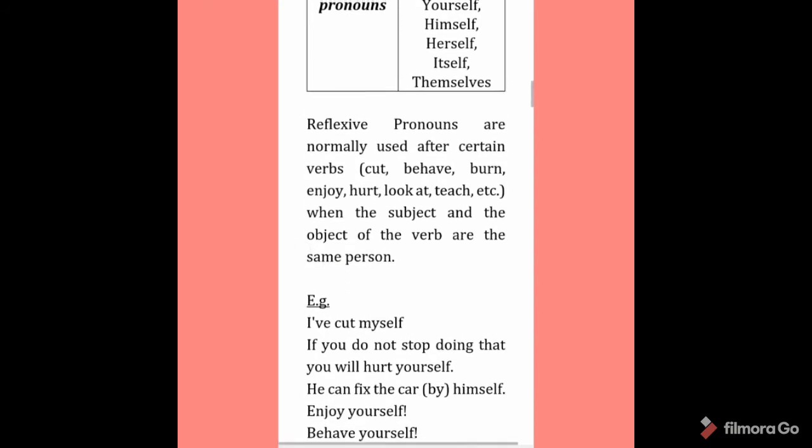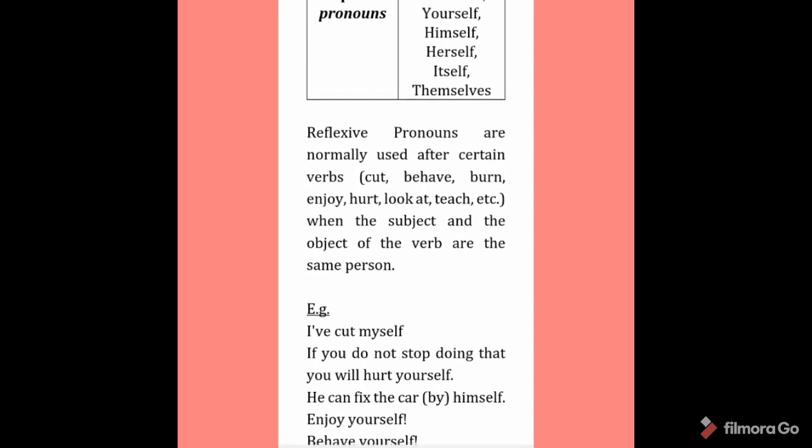For example, I have cut myself. It cannot be rephrased as I have cut yourself or you have cut myself. It will be wrong. That's why we use reflexive pronouns where the subject of the verb and the object are the same person.